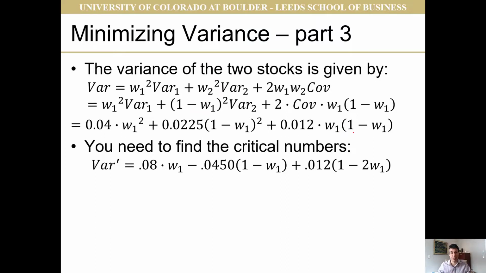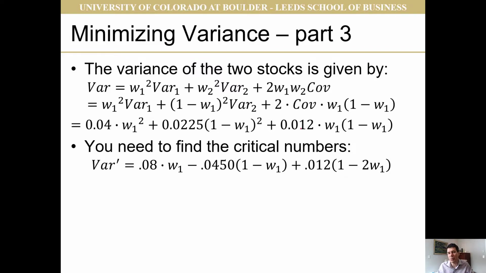So we can take the derivative. Derivative of the first term is pretty easy, 2W1, so that becomes 0.08 W1. Second one, we're doing the chain rule, so we get 2 times the coefficient, times 1 minus W1, times the derivative of the inside function, which is negative 1, which is where this minus sign comes from.